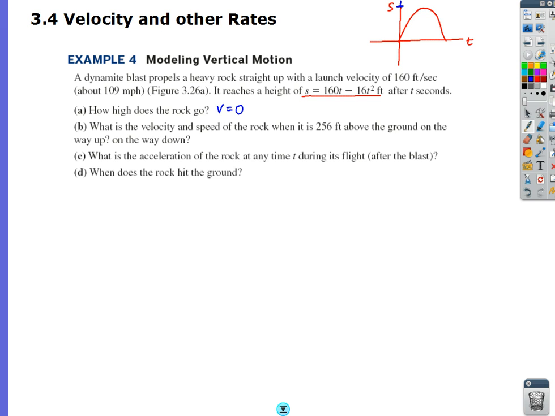That's where we have to go back to what our rules were to begin with: s prime of t is equal to my velocity. So let's go ahead and do that. Let's find our velocity. Our s prime of t, which is equal to our velocity, is going to equal 160 minus 32t.